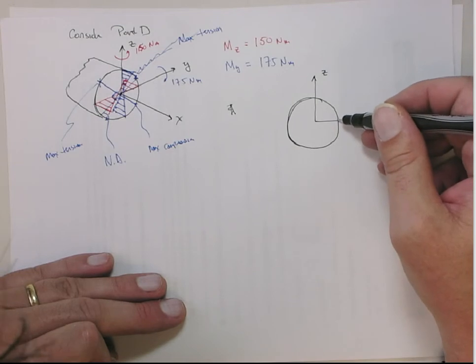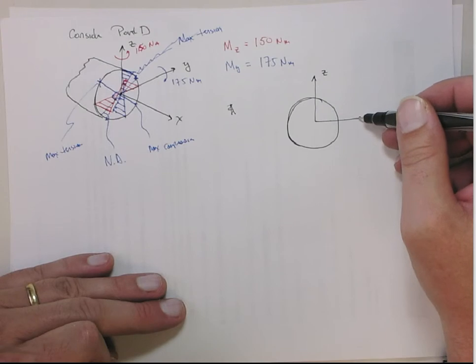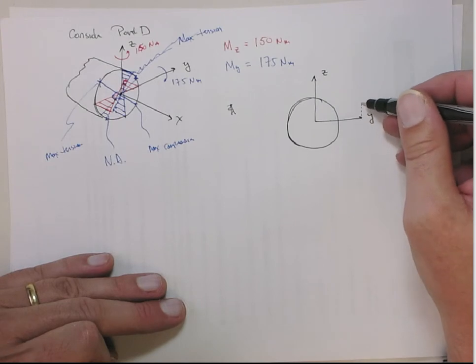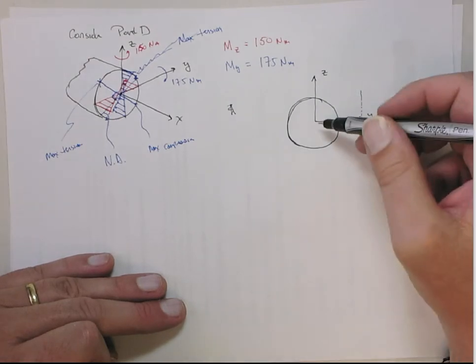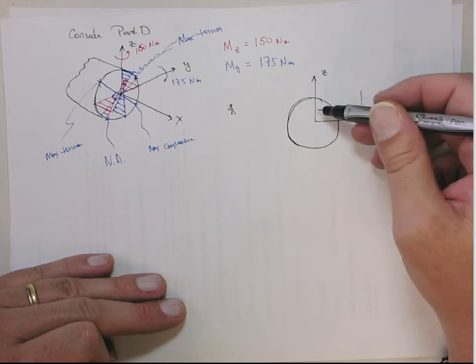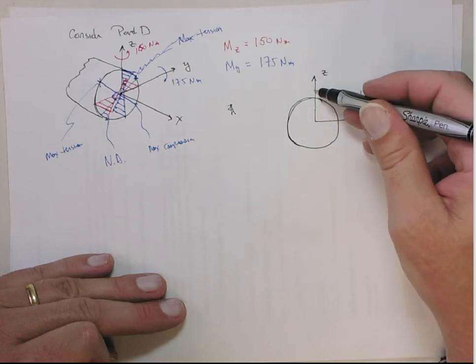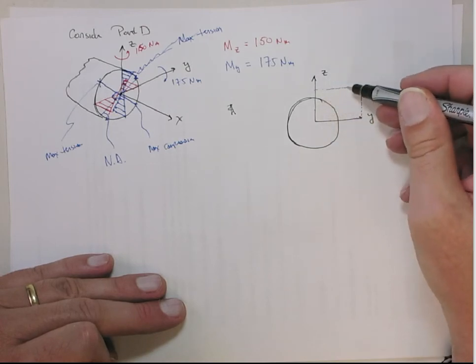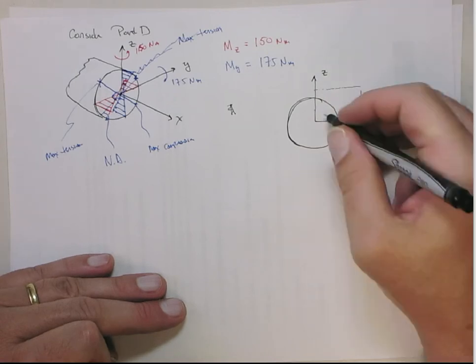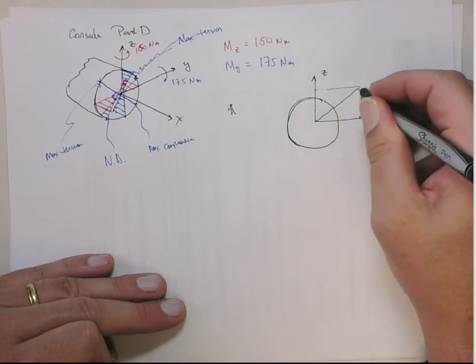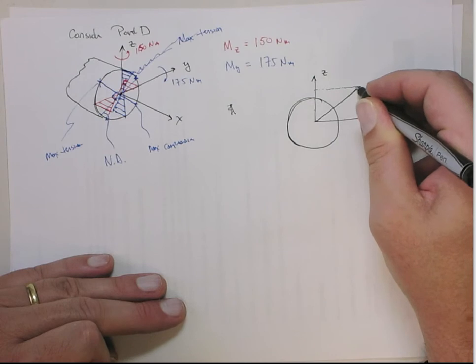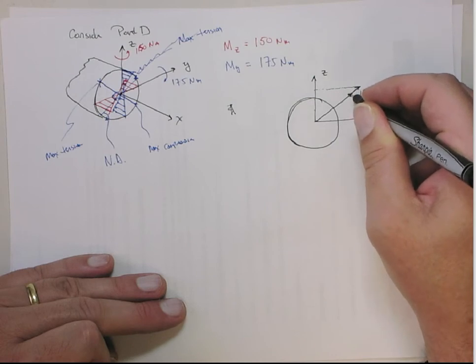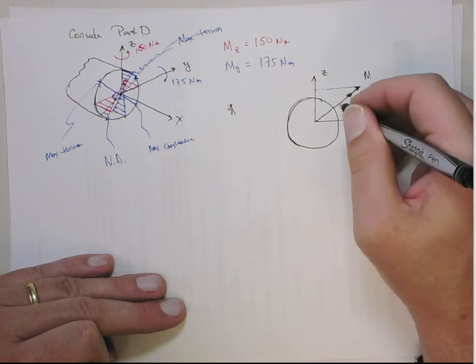Let's do this as 50. 50, 100, 150, and this would be about 175. And then the component in the z direction is 150. So it's 50, 100, 150. They're both positive, so they're going in that direction. So this actually would be the moment vector.